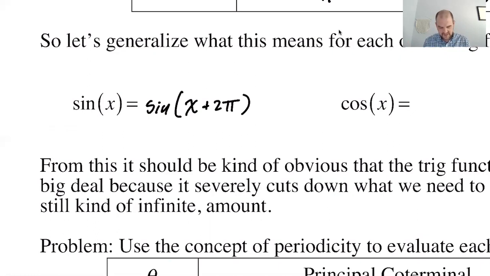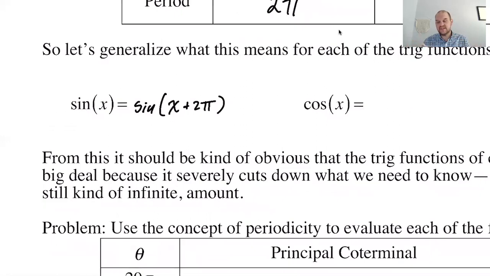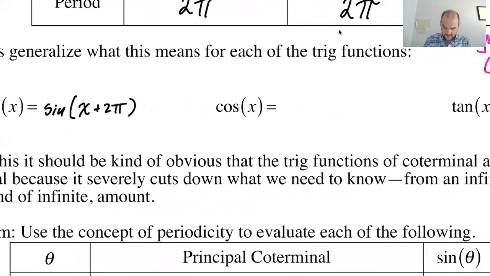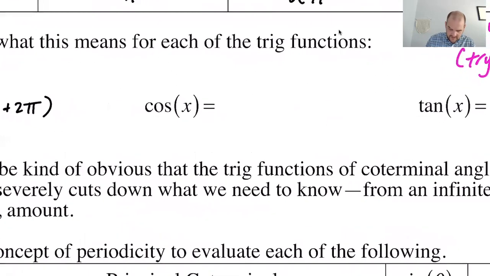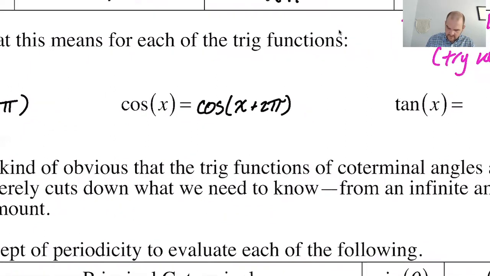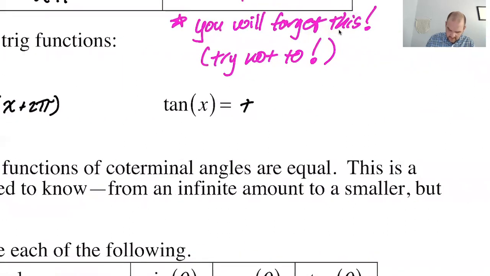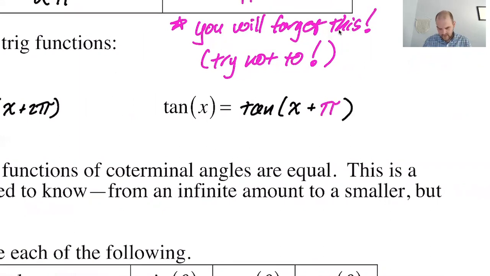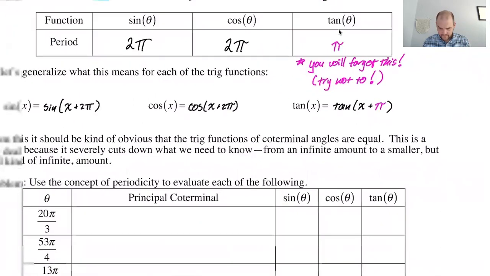This is basically saying that coterminal angles have the same trig values, which we already knew, but it's actually a big deal. And here, it's going to be the tan of x plus, let's use our obnoxious color again, pi. We want to not forget that one, but we're probably going to forget that one.